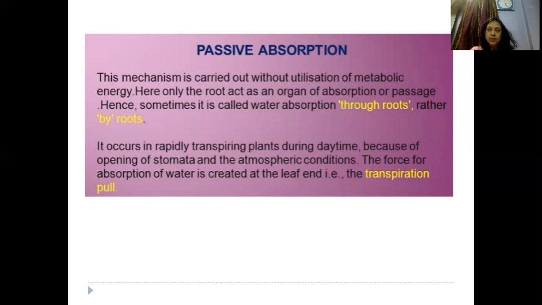So the root is acting just like an organ. Understand? Okay, so this passive absorption happens because of the opening of the stomata and the atmospheric conditions. Okay, we go to the next part.